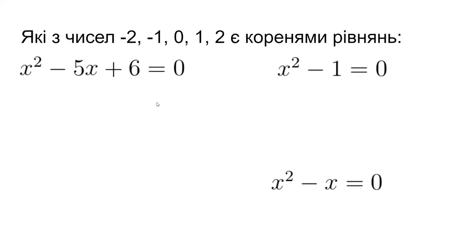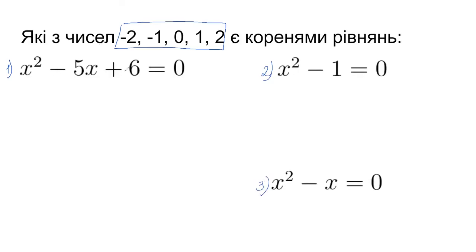Next example, which of these numbers are the roots of our three quadratic equations? So we have numbers -2, -1, 0, 1, and 2, and we have three quadratic equations. So let's check which of these numbers would be roots. Let's start with the first one.